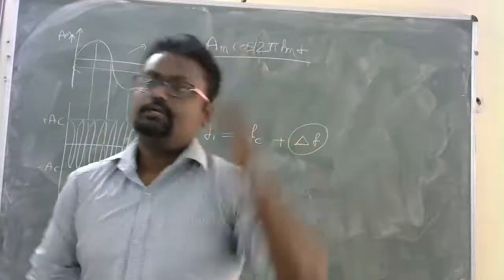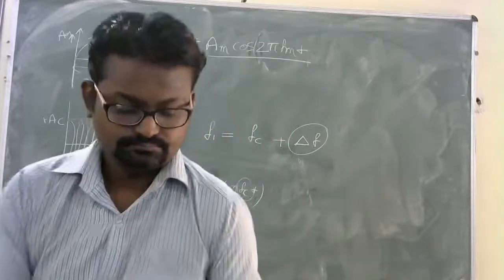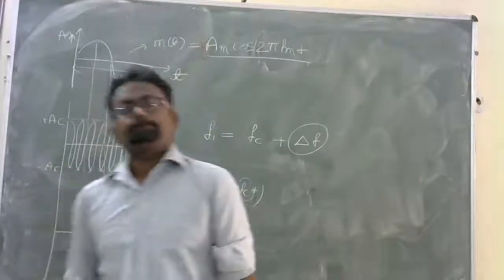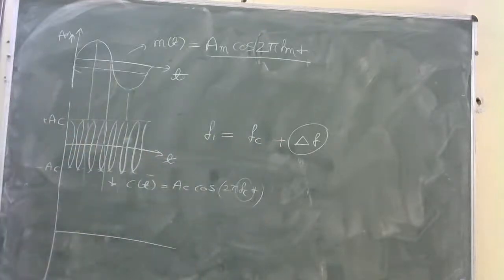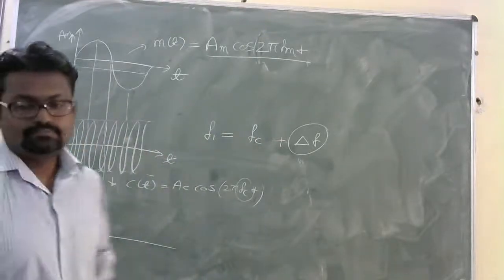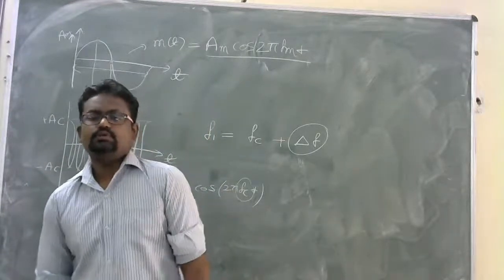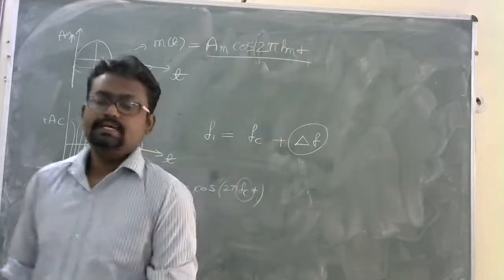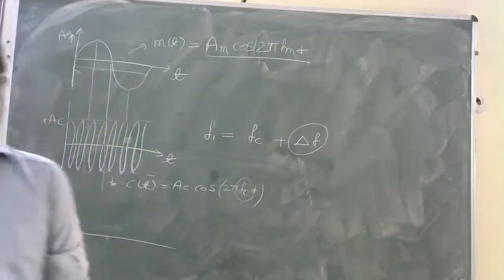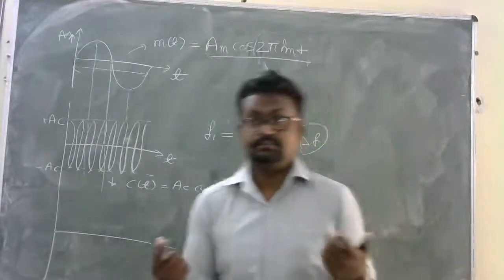In the next unit, note down frequency modulation. Heading, subheading: frequency modulation. Frequency modulation is a process in which, which parameter is varied?